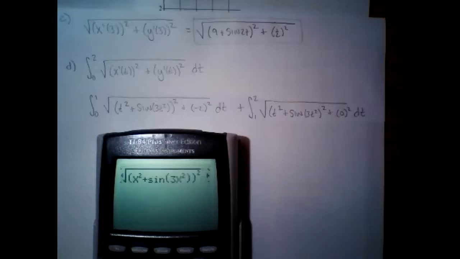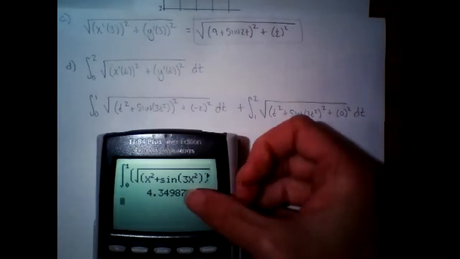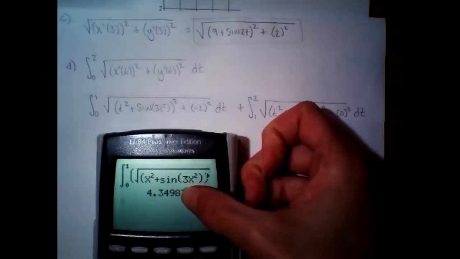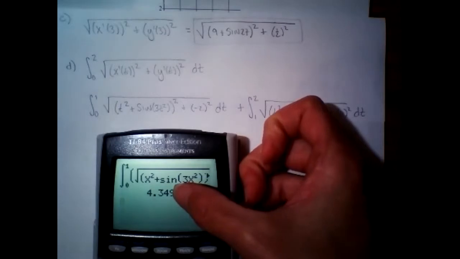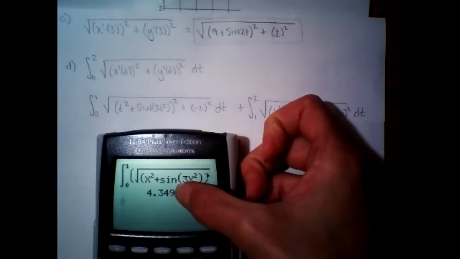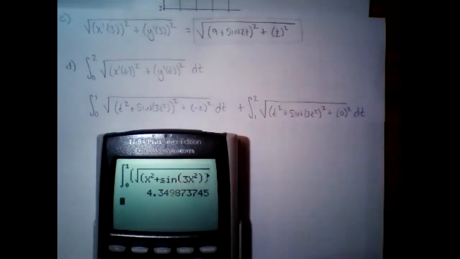And then it's plus nothing, so I'm not going to bother writing plus 0, dx. All right, 4.349. And again, I would truncate. I think that's easiest because here you have to deal with rounding that. I guess it would be 0.350, but I would just leave it like that, 4.349.